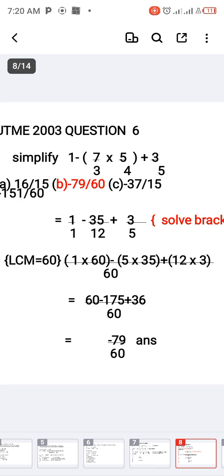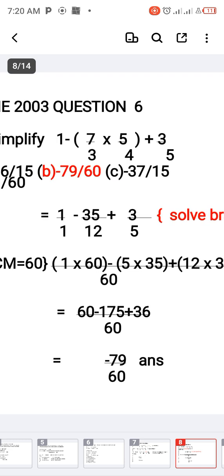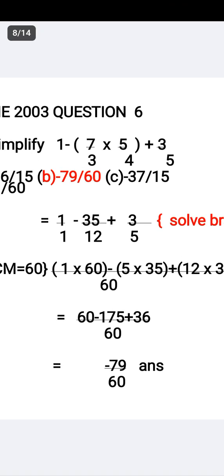Please, those of you copying should copy it as I'm saying it, because there are some typographical errors. Now the BODMAS rule says bracket first, so we are going to do the bracket first.